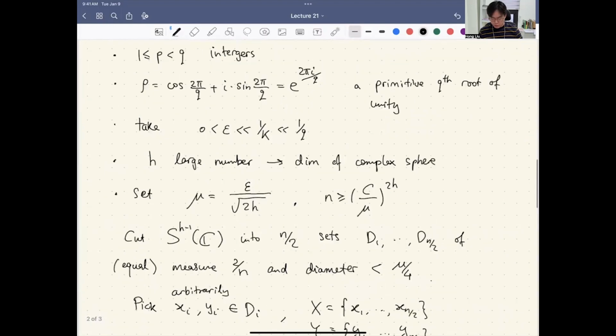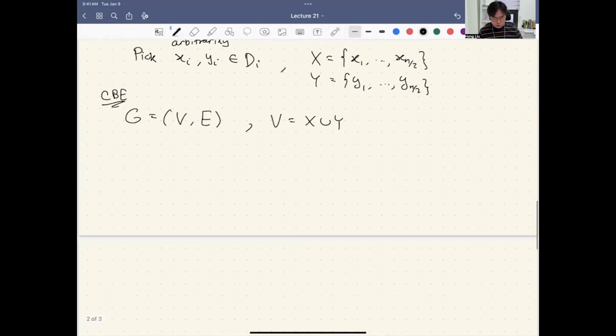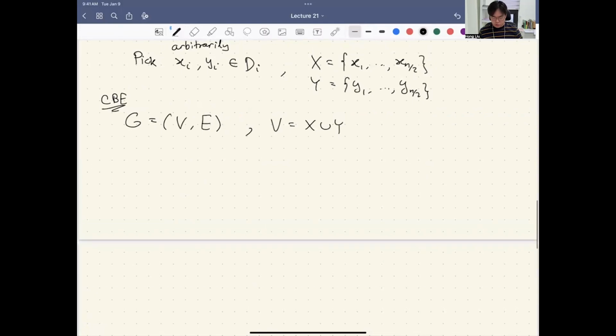Maybe I should write it all in one page. Right.